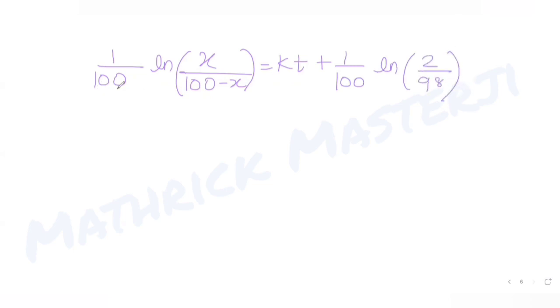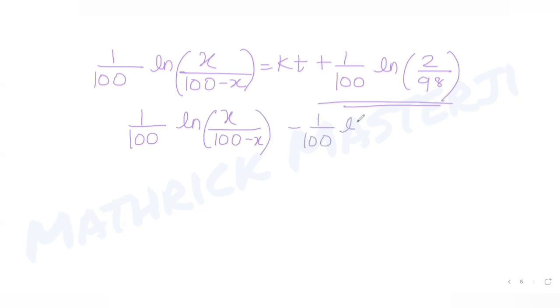So we have this entire solution of the differential equation with the value of constant c as well. Further, if I try to solve this, I get 1 over 100 log of x over 100 minus x minus 1 over 100 log of 2 over 98 is equal to k into t.